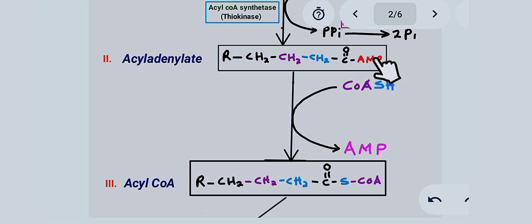We're going to remove that AMP and replace it with coenzyme A. So we have removed the AMP and replaced it with coenzyme A. Now, what do we call this molecule? This molecule is called acyl-CoA. Remember, these steps are happening in the cytoplasm of the cell.